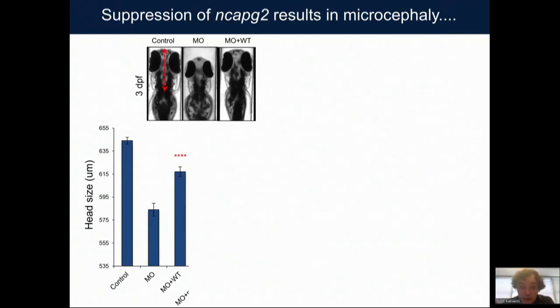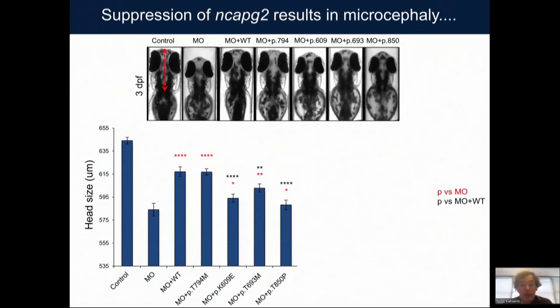We can actually rescue this phenotype by co-injecting with human wild-type mRNA. And then we can take a control allele, which is T794N. This allele is found in exact homozygosity. We would predict this allele to be benign. In the assay, it records as benign. This is important for toxicity.